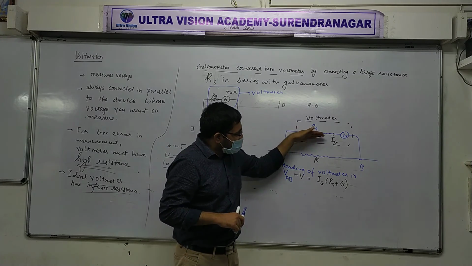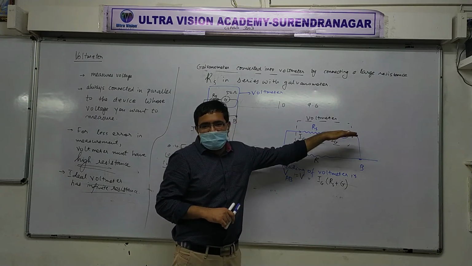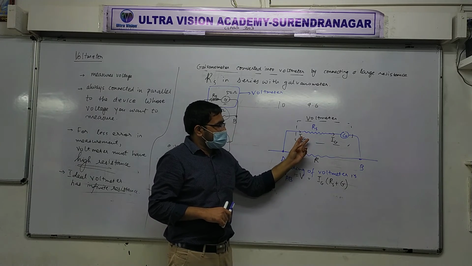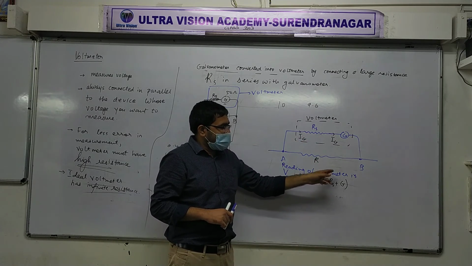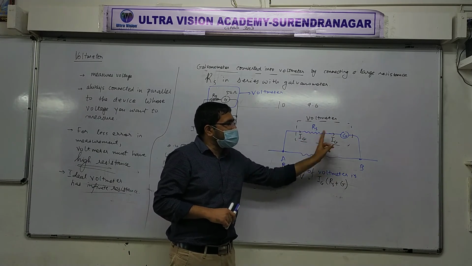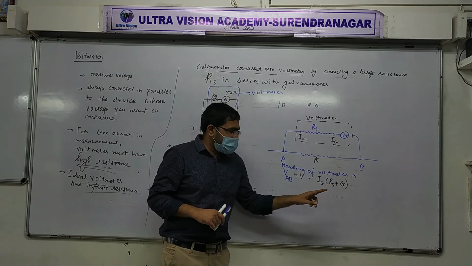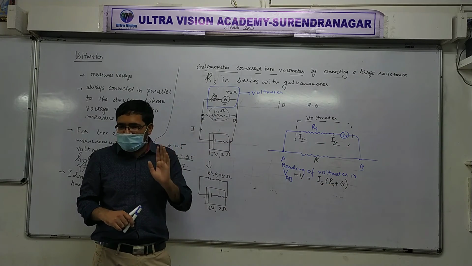Because this current is flowing through the galvanometer ultimately. So Ig multiplied by Rs plus G, because these two are in series. That will give us the reading of the voltmeter.